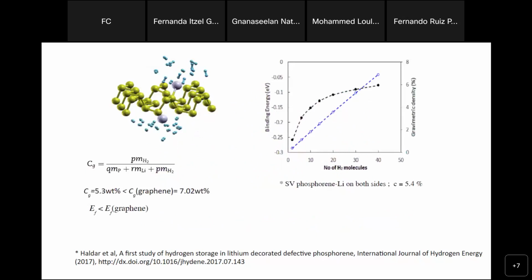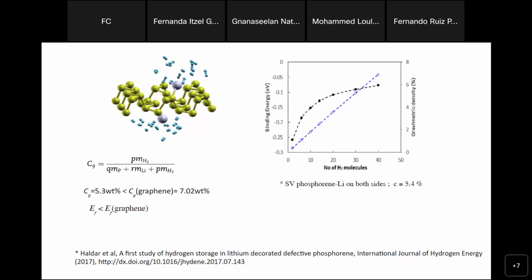The last slide. Okay. In order to calculate the gravimetric capacity of the system, we proceed by decorating the defective phosphorene in two sites. We calculate the gravimetric capacity from this formula, where P is the number of hydrogen molecules, and Q and R are respectively the number of phosphorus atoms and lithium atoms. The obtained value of the gravimetric capacity is equal to 5.3 weight percent.